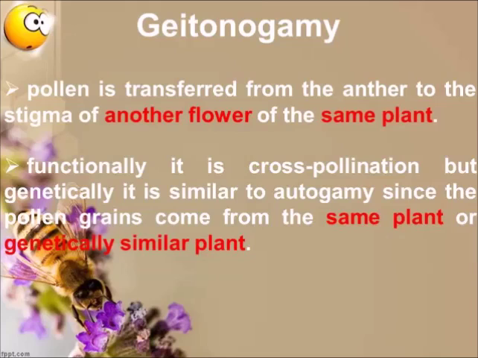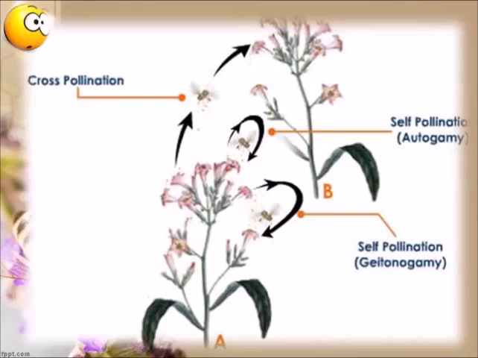Although Geitonogamy is functionally cross-pollination involving a pollinating agent, genetically this is similar to autogamy since the pollen grains come from the same plant. In this figure, you can see a diagrammatic representation of autogamy, Geitonogamy and cross-pollination. Hopefully, the fundamentals are clear by now.